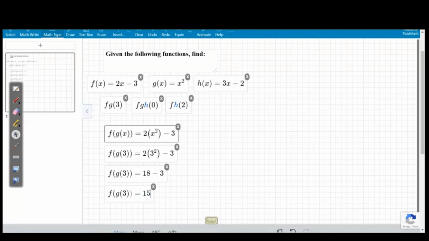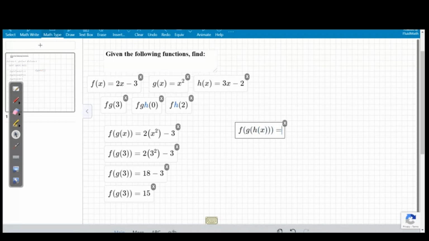Good. Now let's look at the second one. The second one says we should find f of g of h. So what we'll do is that we are going to plug in h into g. Then the result we are going to have, we'll plug that result also into f. So we have f of g of h of x.